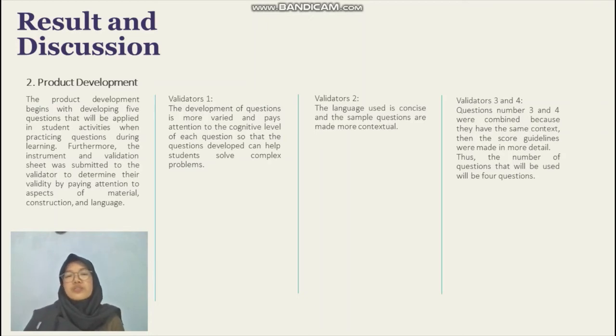Validator 2 said the language used is concise and the sample questions should be made more contextual. Validators 3 and 4 said that questions number 3 and 4 should be combined because they have the same context. Then the score guidelines were made in more detail. So, based on this validation, the number of questions that will be used is 4 questions.